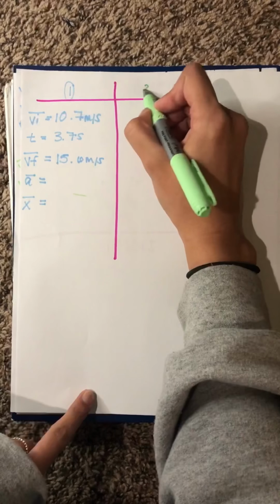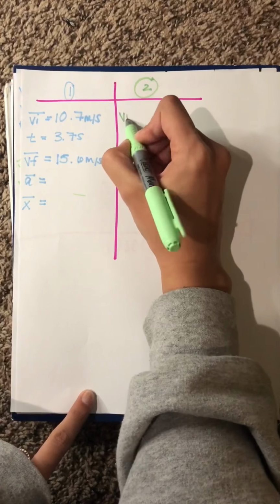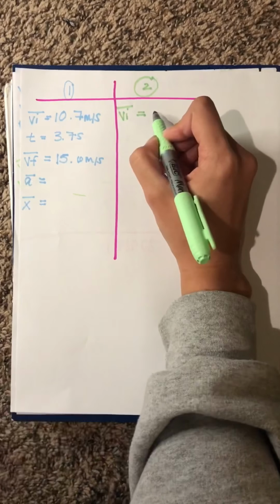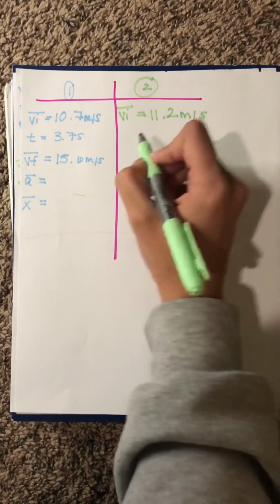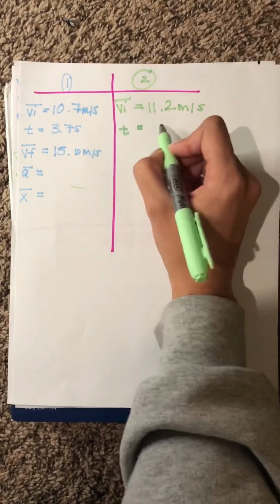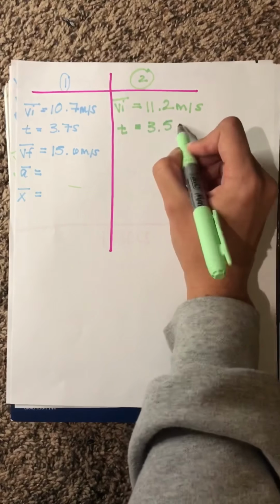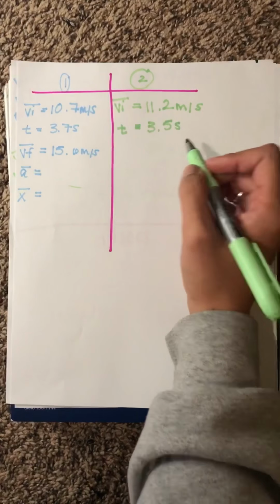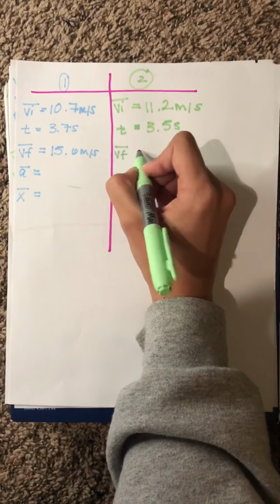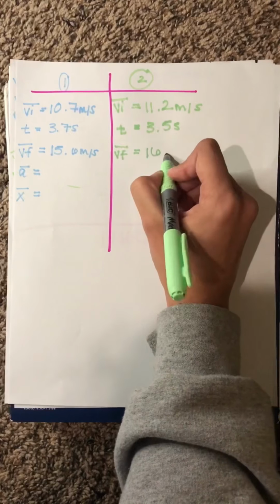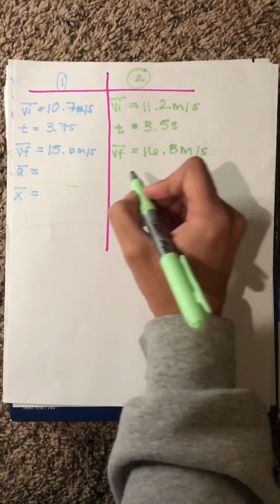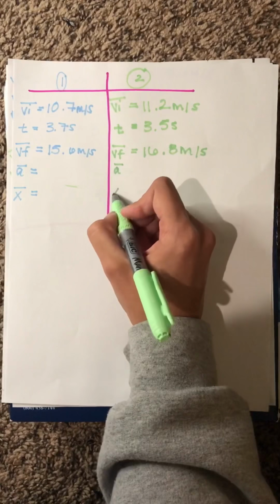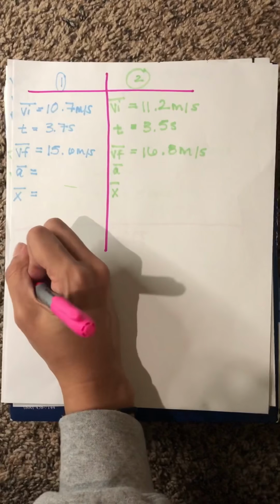For the second go-kart, we know VI equals 11.2 meters per second, and the time traveled is 3.5 seconds, with a final velocity of 16.8 meters per second. We also need to find the acceleration as well as displacement.